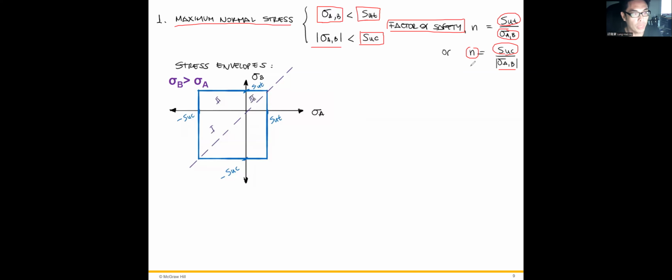Okay, so now we can draw a stress envelope of maximum normal stress.